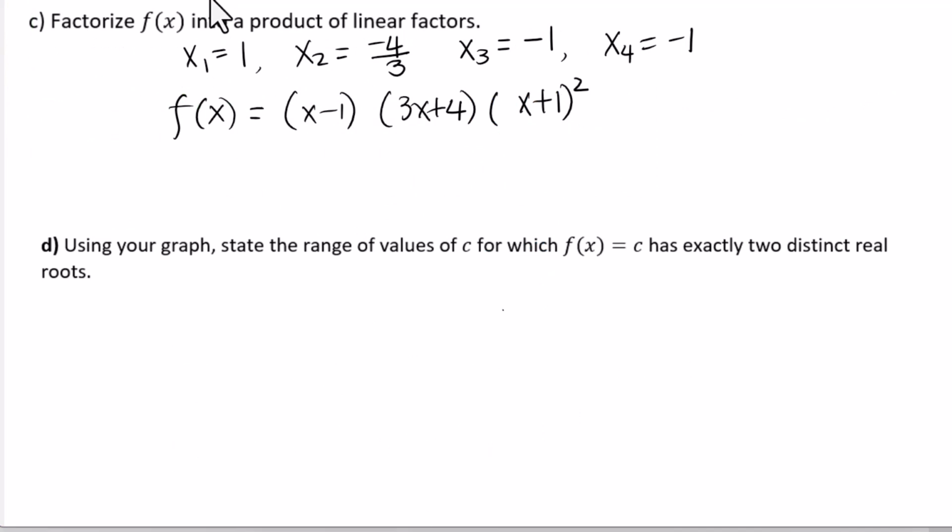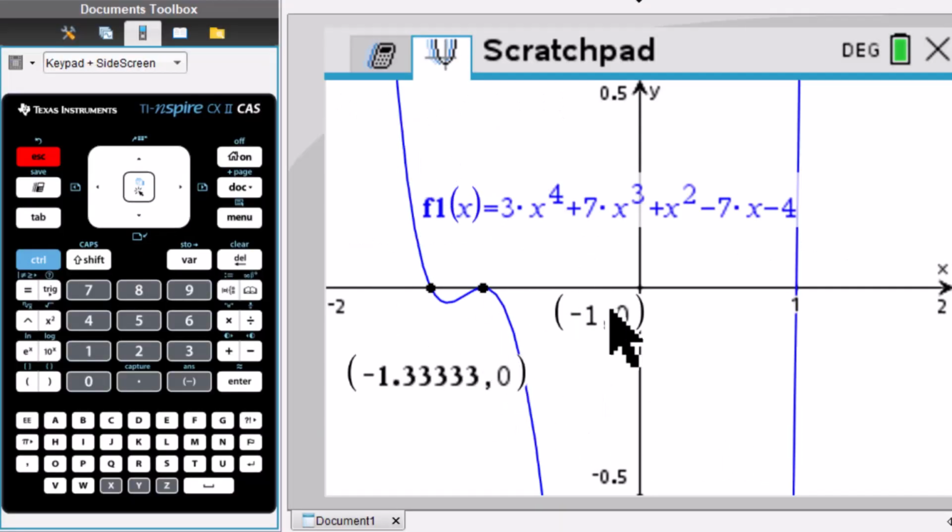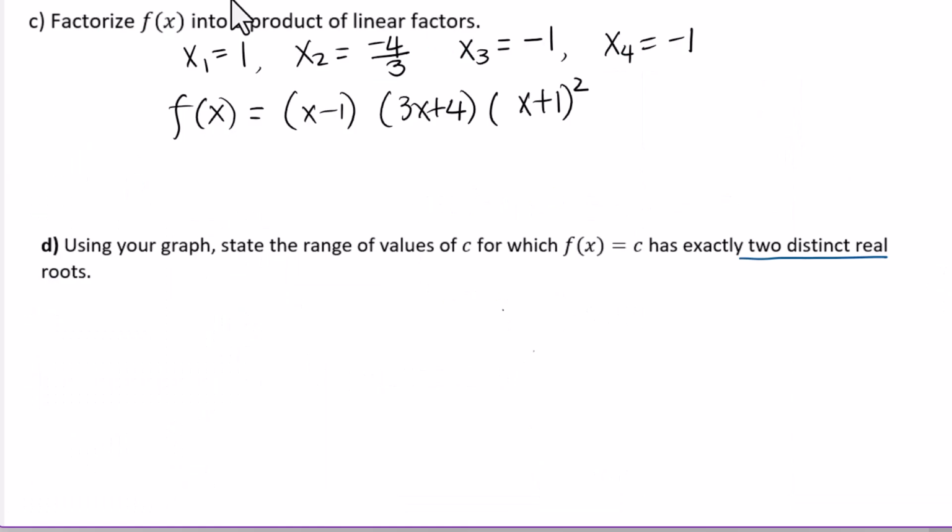Using your graph, state the range of values of C for which f of x equals C has exactly 2 distinct real roots. Let's check the graph of f of x. This is the graph of f of x. Let's sketch this f of x. We need to figure out these 2 local minimum points and 1 maximum point.